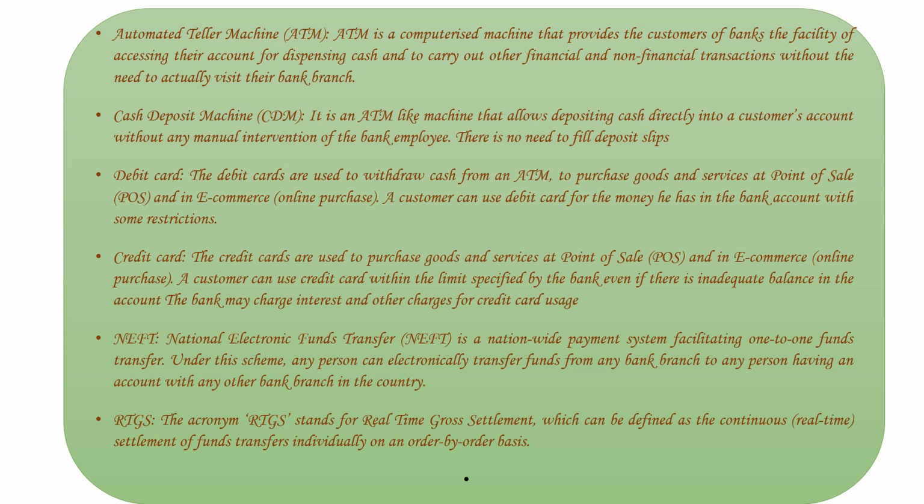Here the settlement of fund transfers happens individually on an order by order basis, so it will run continuously. NEFT runs for particular hours and transfers collectively at particular times, so NEFT will take some time, while RTGS will do it immediately. This is all about the transactions and the double entry system. Double entry problems we will solve next. Thank you.